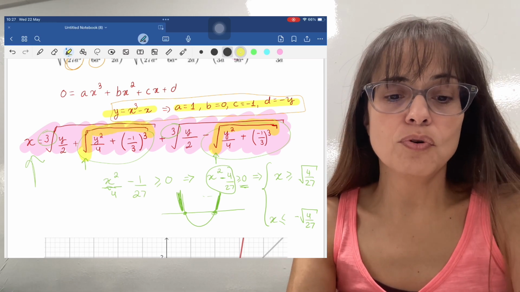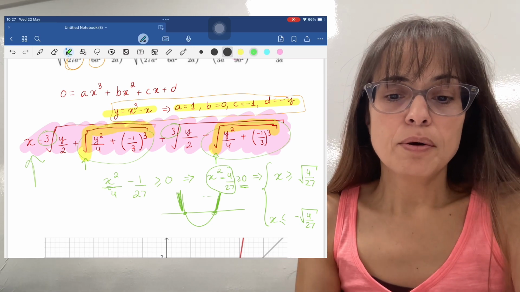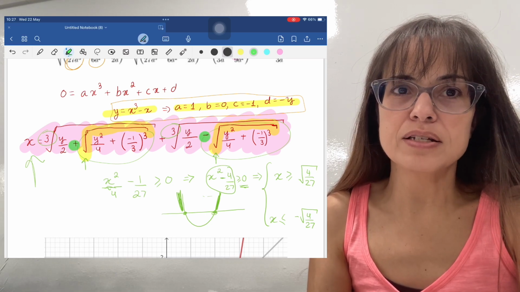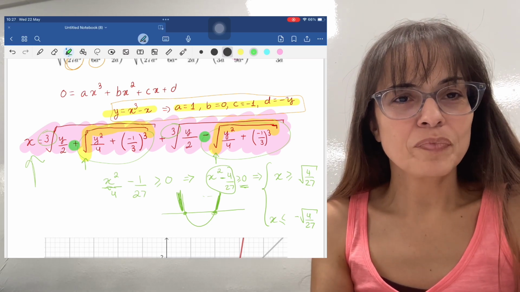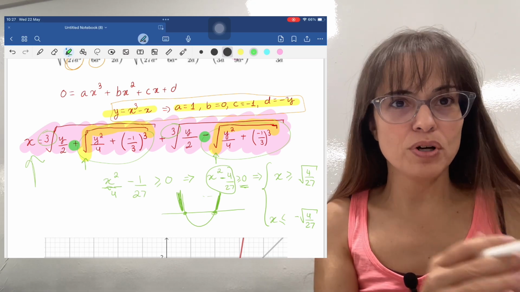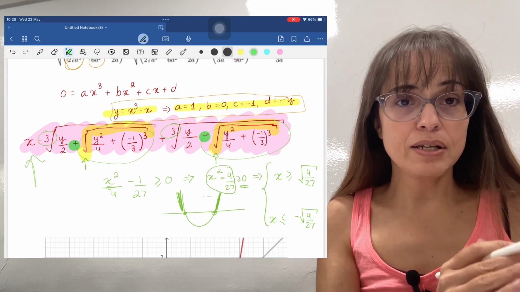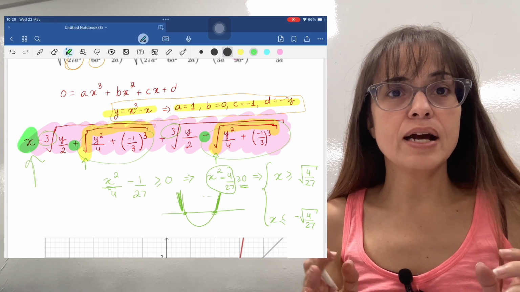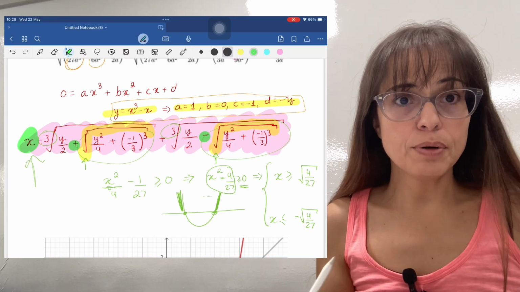So they are involving complex numbers. But because one of them is coming with a plus and the other one's coming with a minus, I think they're canceling out. I think the complex part of one square root is canceling out the complex part of the other square root, making the whole thing x into a real number.